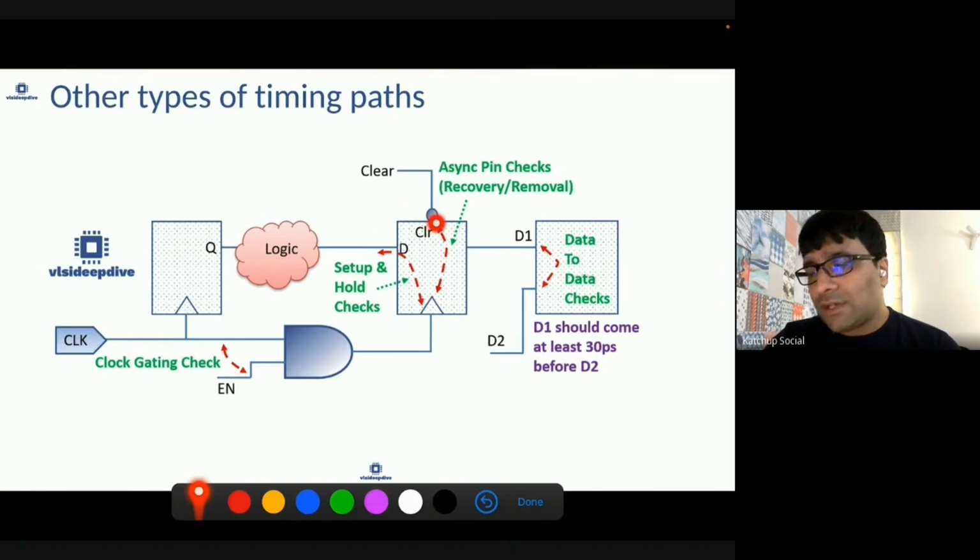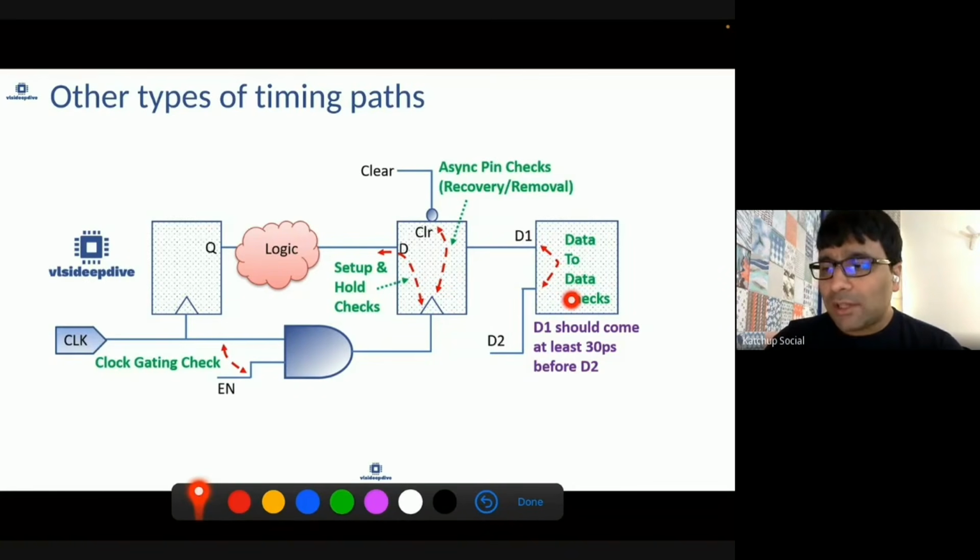There are specific checks similar to setup and hold, done to maintain the timing correctness of the design. In addition, designers can also specify data to data checks, that between two pins there should be only a maximum amount of skew. Those checks can be added by adding specific timing constraints.